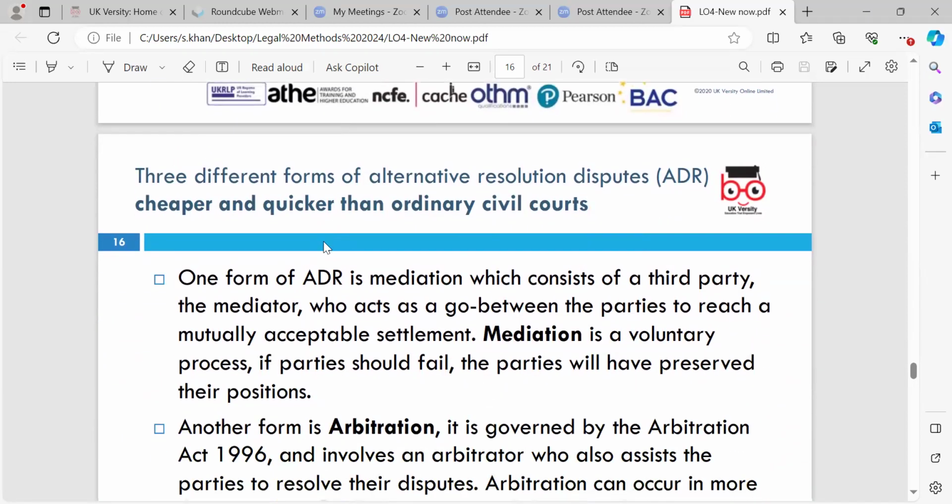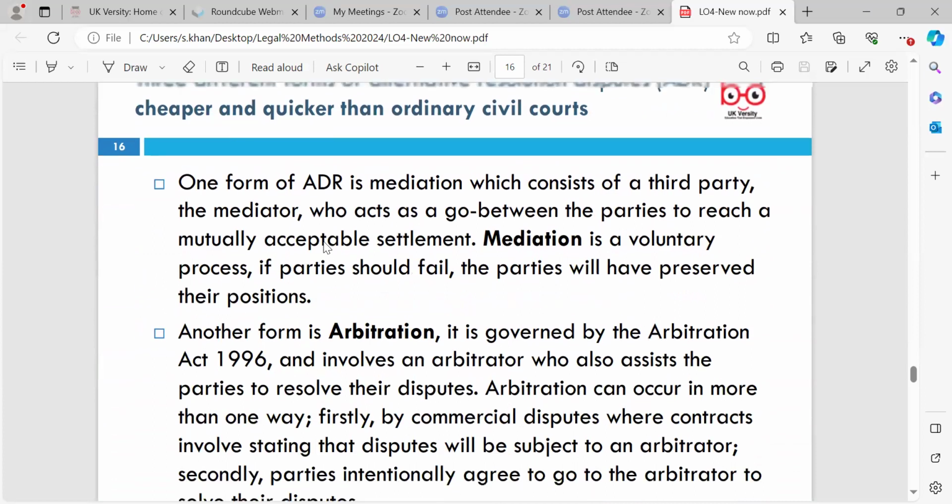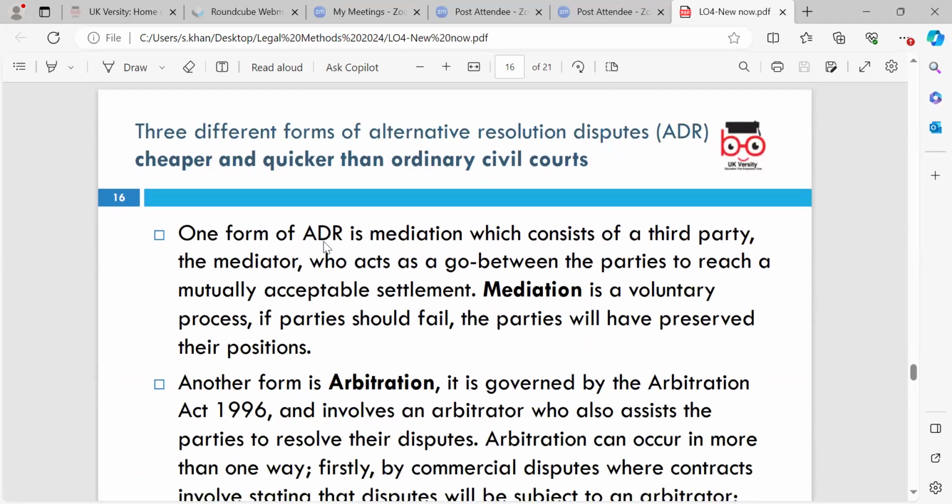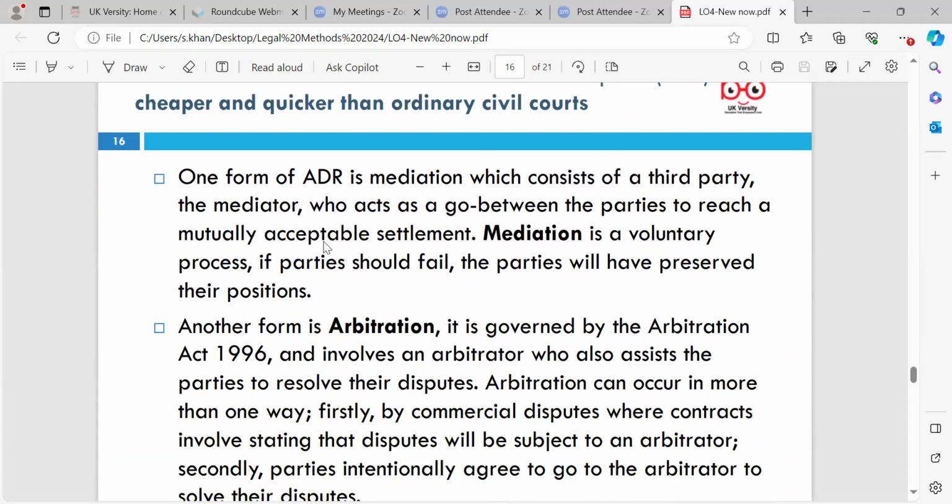There are three different forms of alternative dispute resolution, referred to as ADR, and they're quicker and cheaper than ordinary civil courts. One of the ADR forms is mediation, and this is quite widely used.